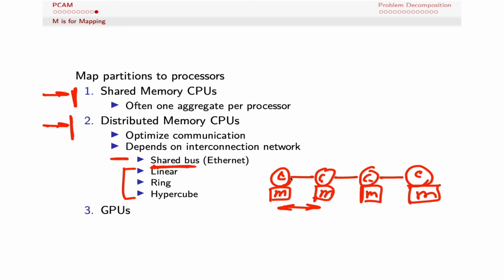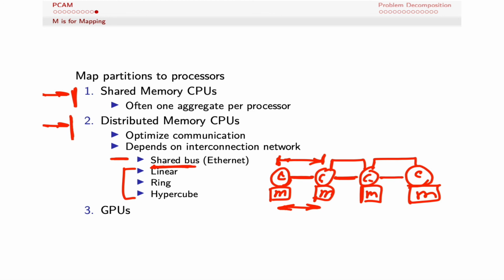The linear interconnect would actually facilitate that in a way that's better than what Ethernet could do, because now this processor is connected directly to this processor on a dedicated communications channel, and the same thing between each following pair. So they could all send information simultaneously, because they're not trying to do that over a shared resource.